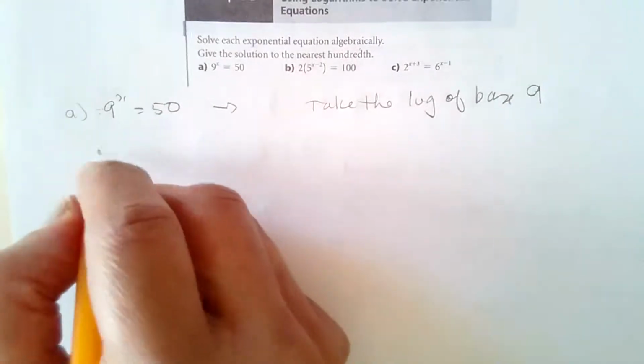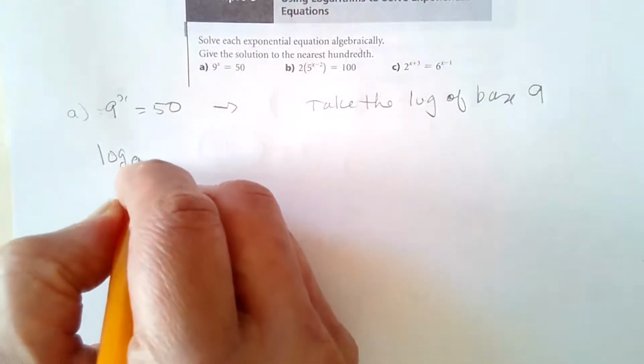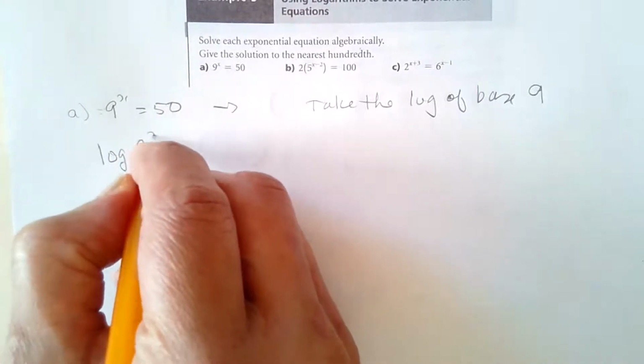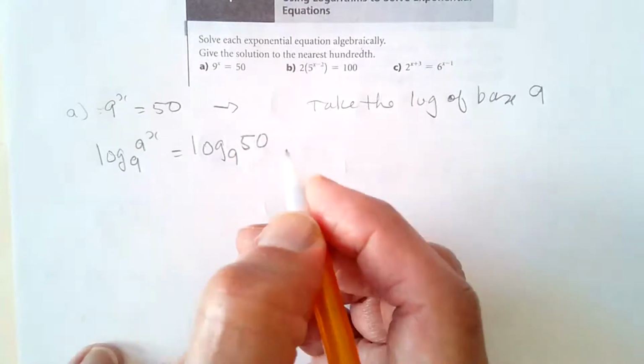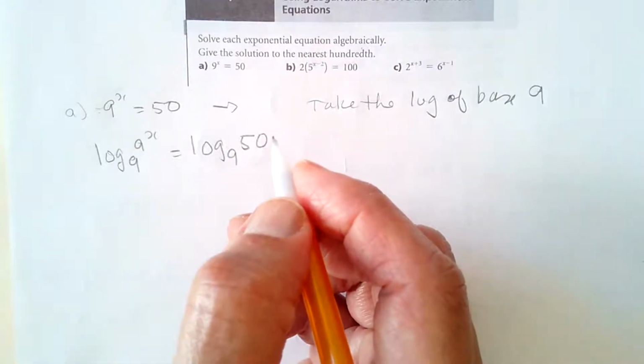So if we do that, we have log base 9 of 9 to the x equals log base 9 of 50.